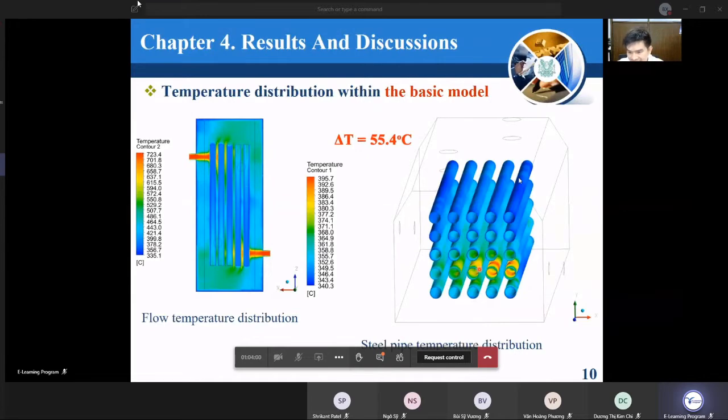You can see here, in this area the temperature is much higher than the other. The temperature difference is around 2.4 degrees Celsius. We can see here. So that's why it's not good for the steel annealing process.